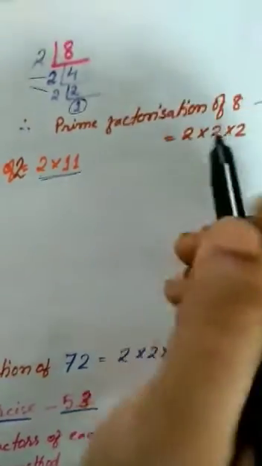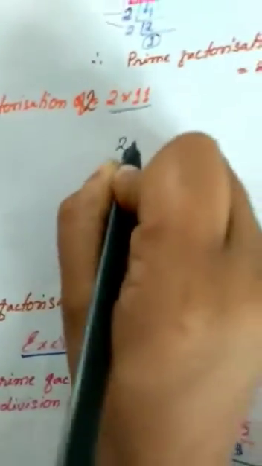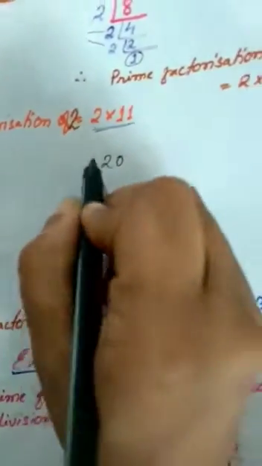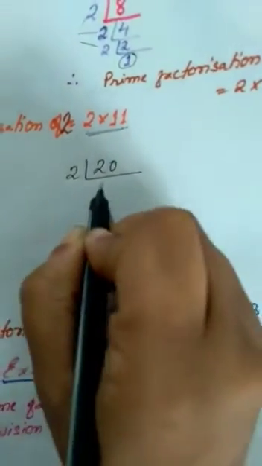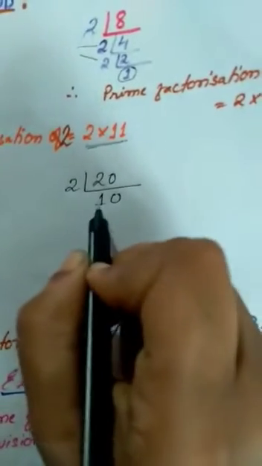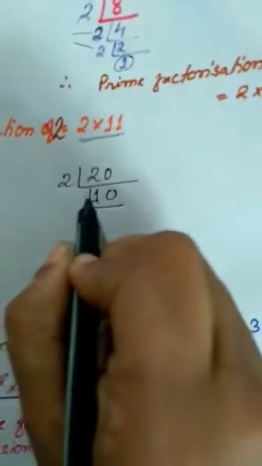Alright children, now see one more example. Suppose 20, how will we write 20? We can do it like this, 2 tens are 20. Again this composite number 10 we have to divide.